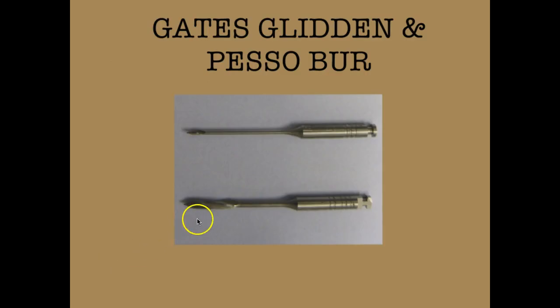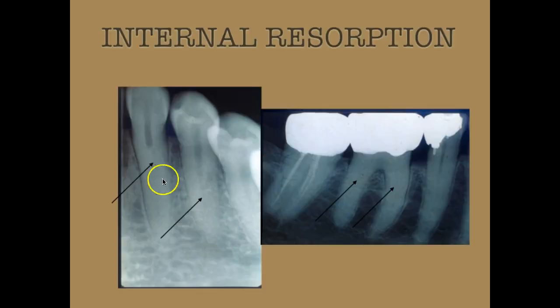Occasionally you'll have a canal that is not visible, and so perhaps a burr known as a Gates Glidden or a piezo burr is used when there's internal resorption. This is when a canal has calcified. Now, for some people, this is just a natural condition.